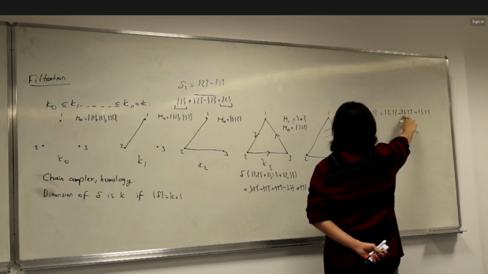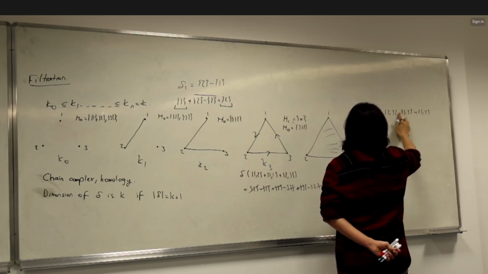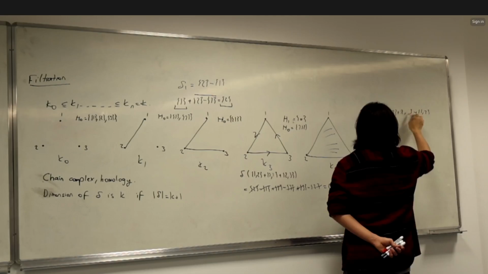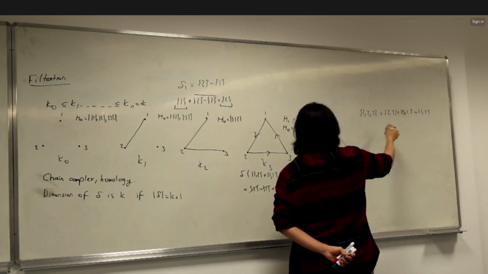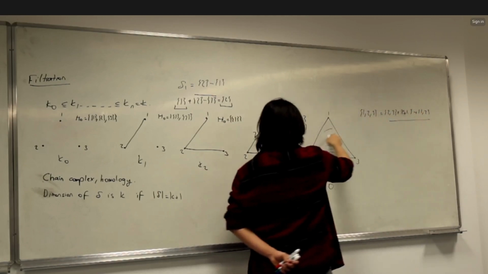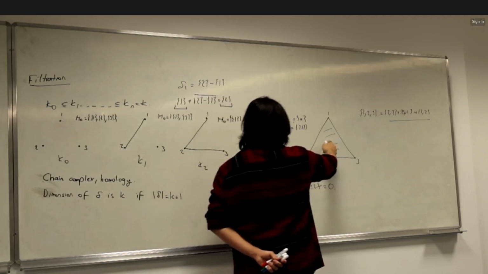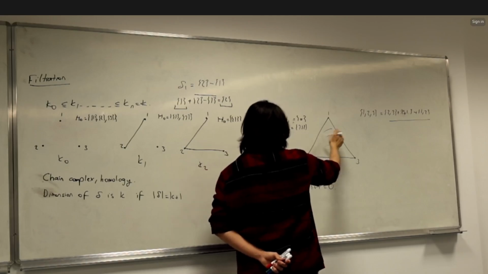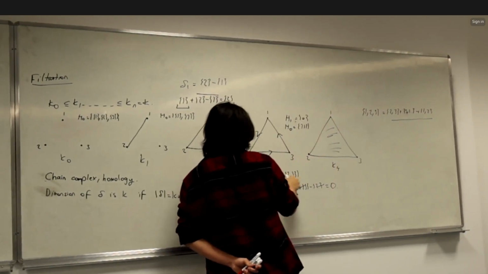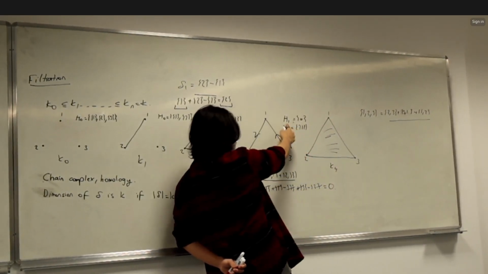By this minus property, you can change the order here. And you can see that when we add 1,3, this simplex has the boundary which is the cycle. So this means that we killed the H1 class too.